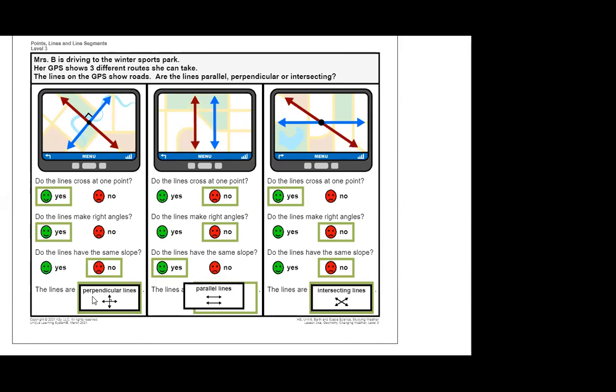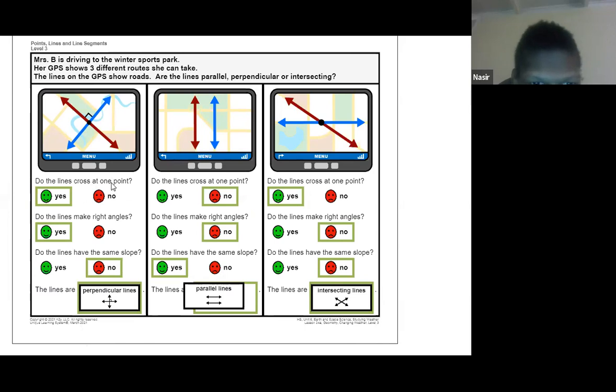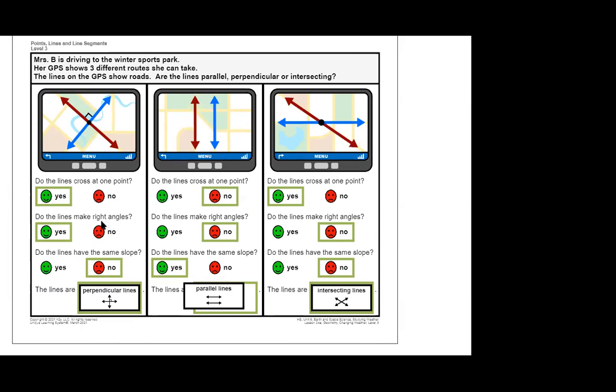Quick review. What are perpendicular lines? They cross at how many points? One point. They always make right angles, and they don't have the same slope. Parallel lines don't cross at all.